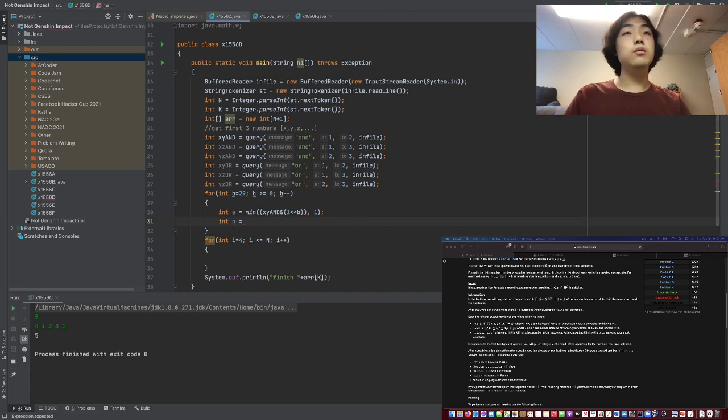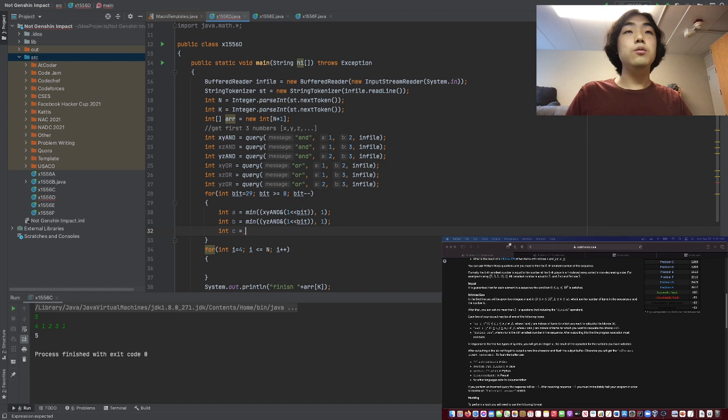B is equal to this X, Y, and it's the same thing over here, except we just use min YZ and 1.